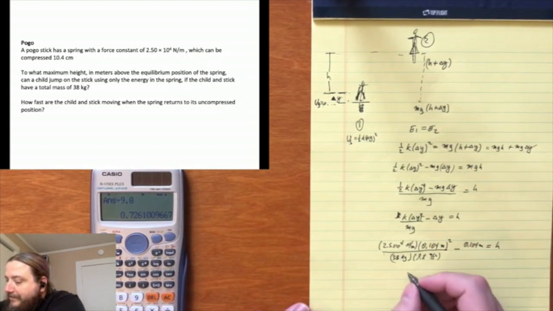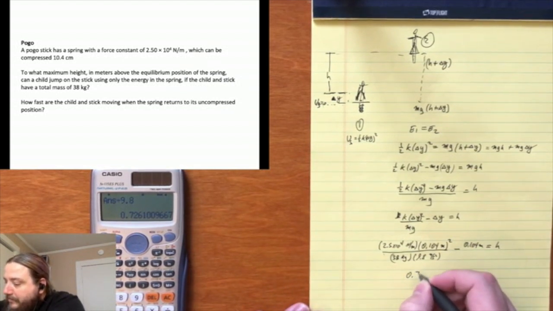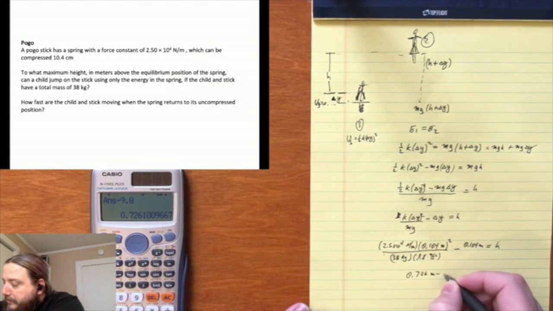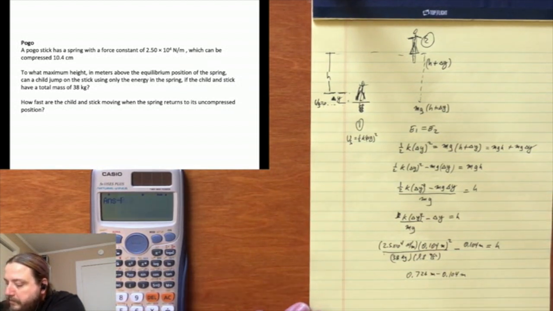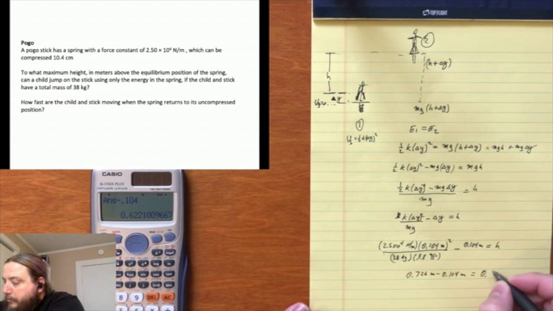That's 0.726 meters minus 0.104 meters gives us a height of 0.622 meters, or 62.2 centimeters.